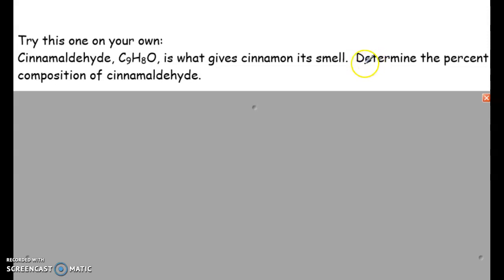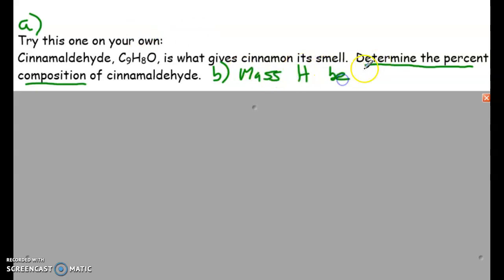So what I'd like you to do is determine the percent composition, and then, so let's imagine that's part A. Part B, I want to know what would the mass of hydrogen be in 82.0 grams of cinnamon aldehyde.